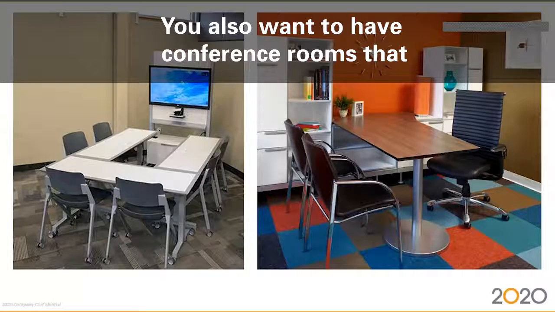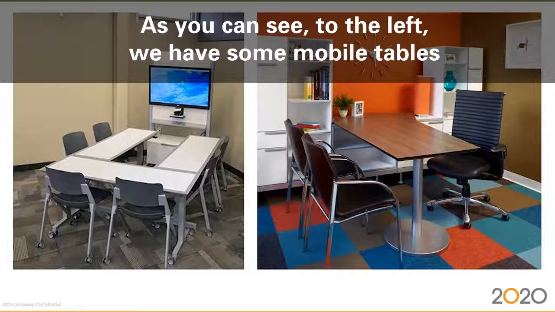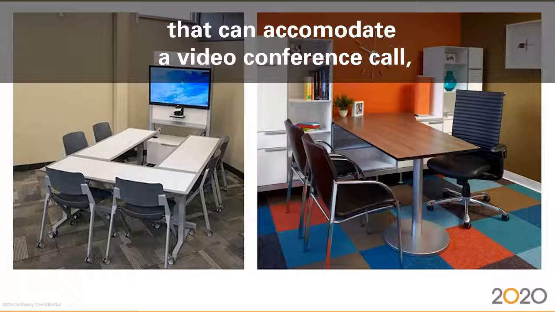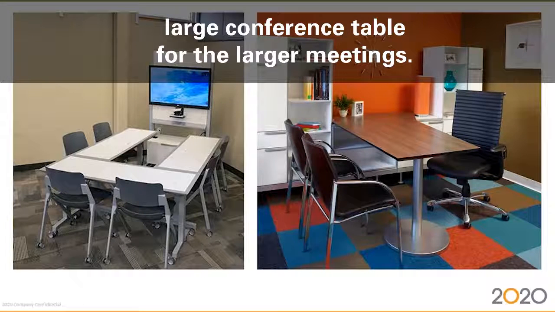You also want to have conference rooms that are able to adapt depending on the situation. As you can see to the left, we have some mobile tables that can accommodate a video conference call. You could then adjust them to act as a large conference table for the larger meeting.